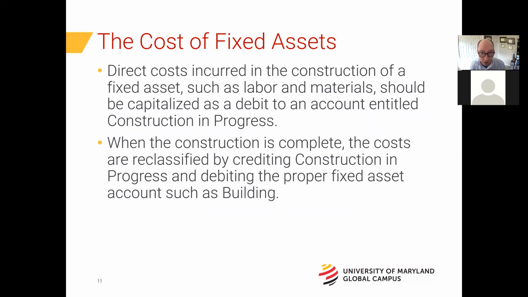The cost of construction includes things like labor, direct materials, and factory overhead. Construction costs that complete the construction of the building are debited to fixed asset accounts, such as building, and credited to cash to reduce cash.